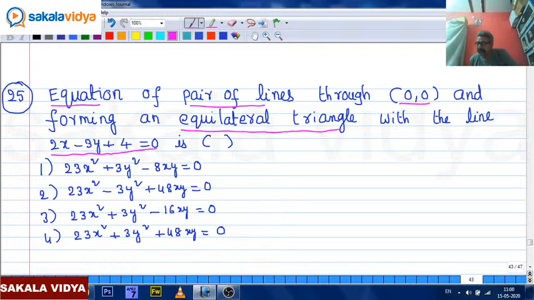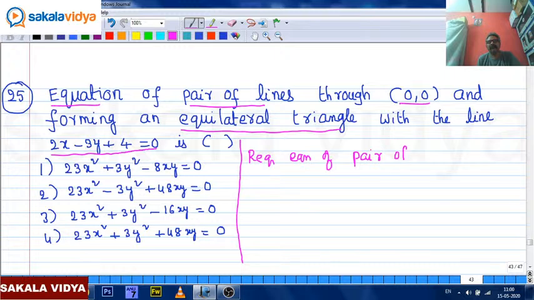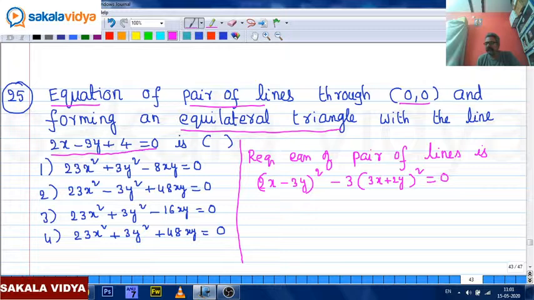So the required equation of pair of lines is: first remove the constant, that means 2x minus 3y whole square, minus 3 times its perpendicular equation 3x plus 2y whole square, is equal to 0. You need to simplify this one.